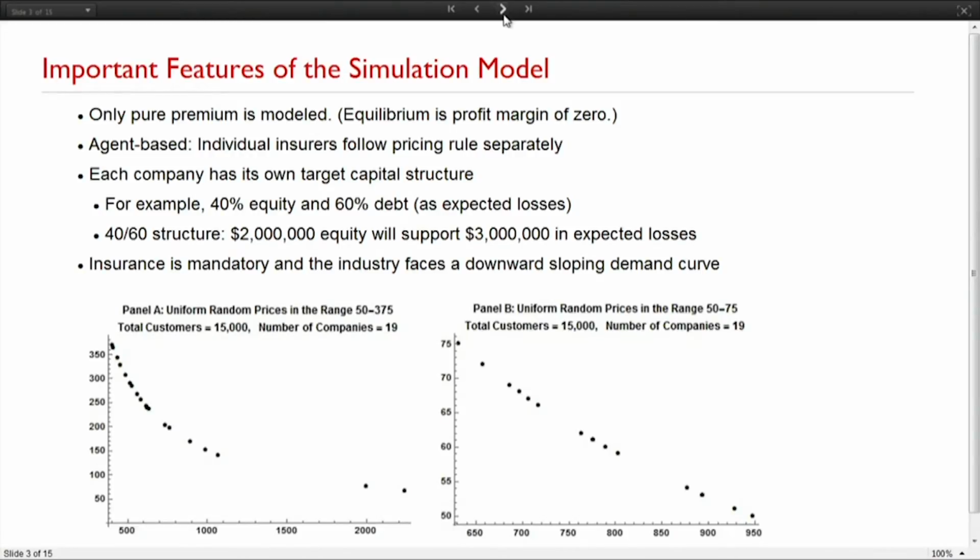Capital structure is just the mix of equity and debt, and each company has a target capital structure. An example would be 40% equity, 60% debt. The only debt that my insurance companies have are losses.